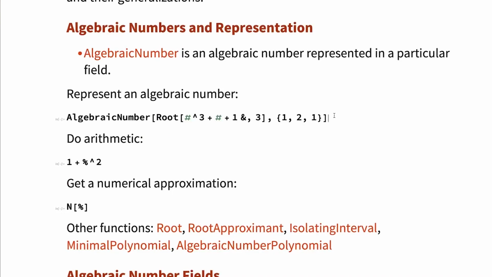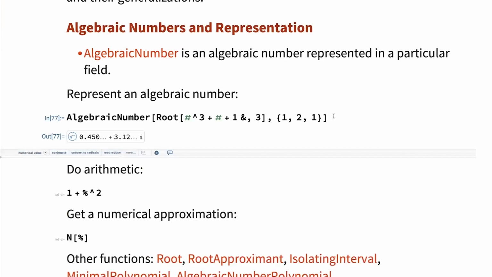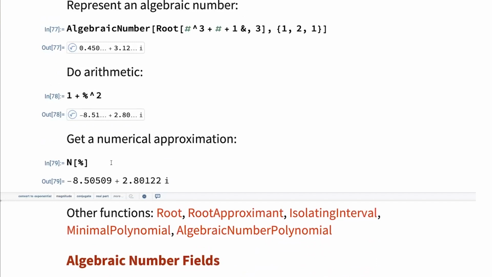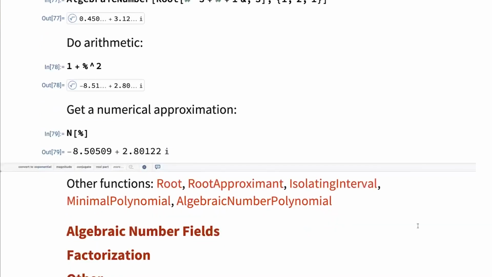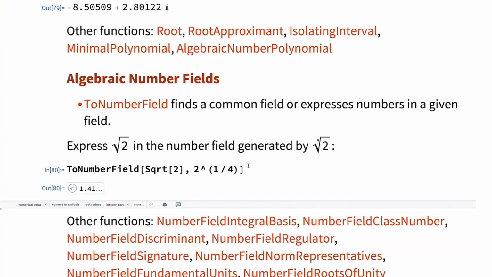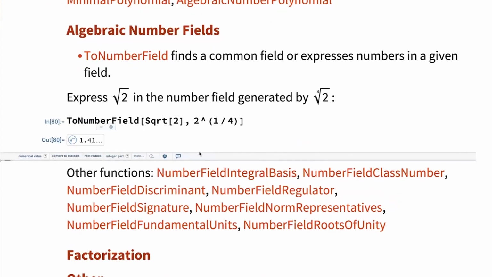For example, we can represent an algebraic number, we can even do arithmetic with it, and we can get a numerical approximation for it. Then algebraic number fields. For example, one of the functions here is ToNumberField, which finds a common field or expresses numbers in a given field like this. We can express the square root of 2 in the number field generated by this, by using the function ToNumberField.